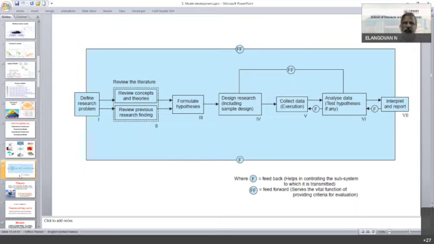A few years back, I wrote a research article on the importance of the conceptual model or theoretical model in research, and how researchers can use these models in every stage of their research.